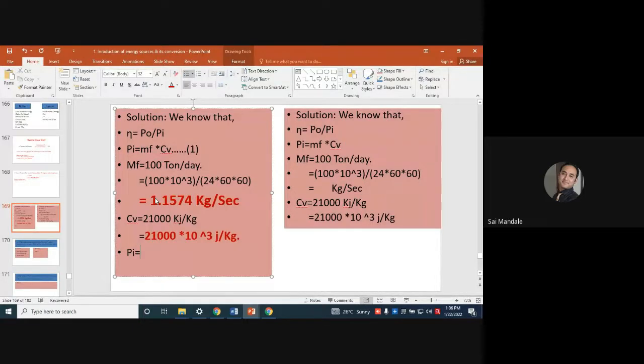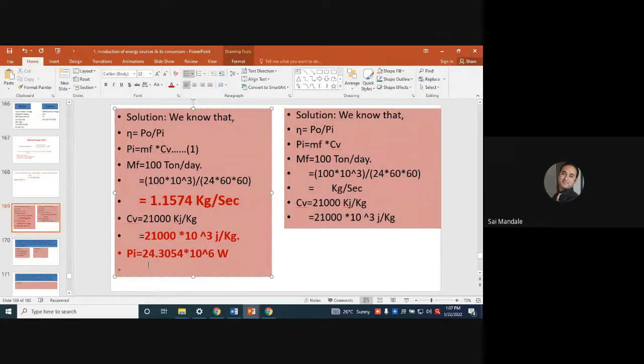The answer is 24.3054 into 10 raised to 6. It is my answer, and the unit for it is W, that is watt. So these are my answers. Everybody, please, you have to do it by yourself and check whether my answers are right or wrong.